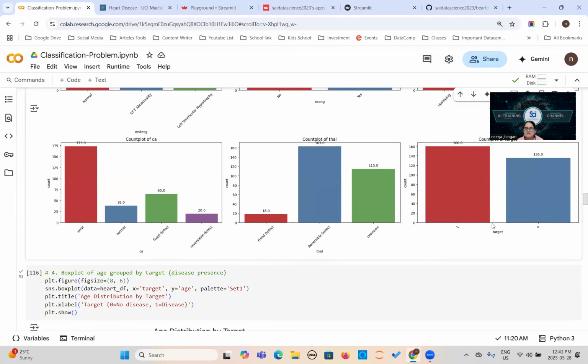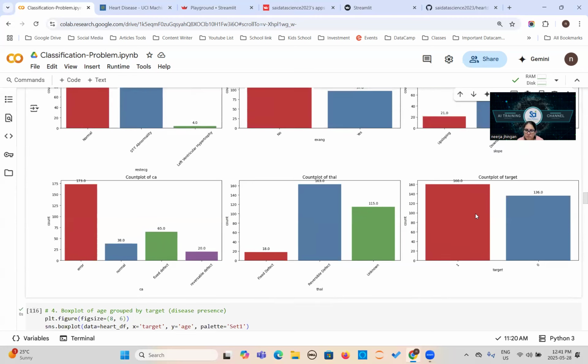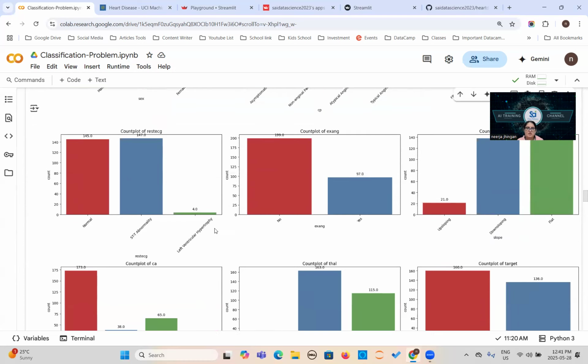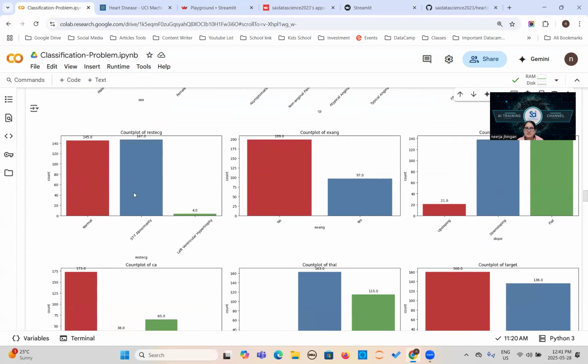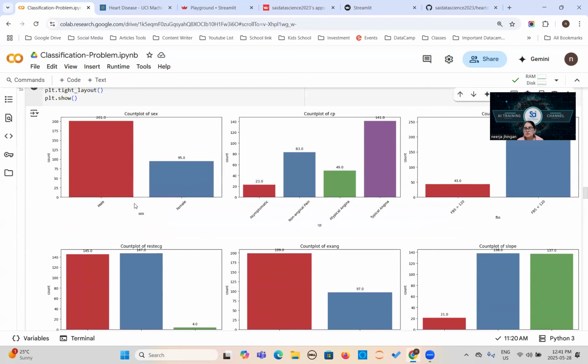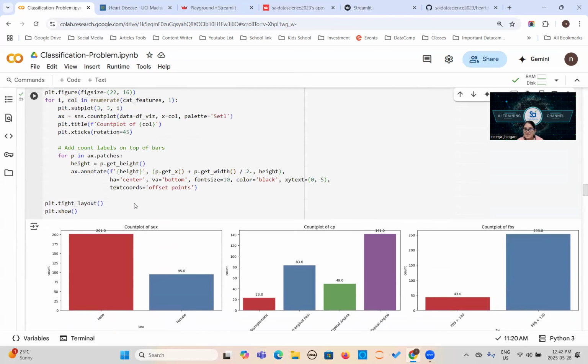And this is the target. We have around 160 records which say heart disease, and 136 records which say no heart disease. Okay. You can also have a look at the other graphs too, but this is very easy to understand and interpret.